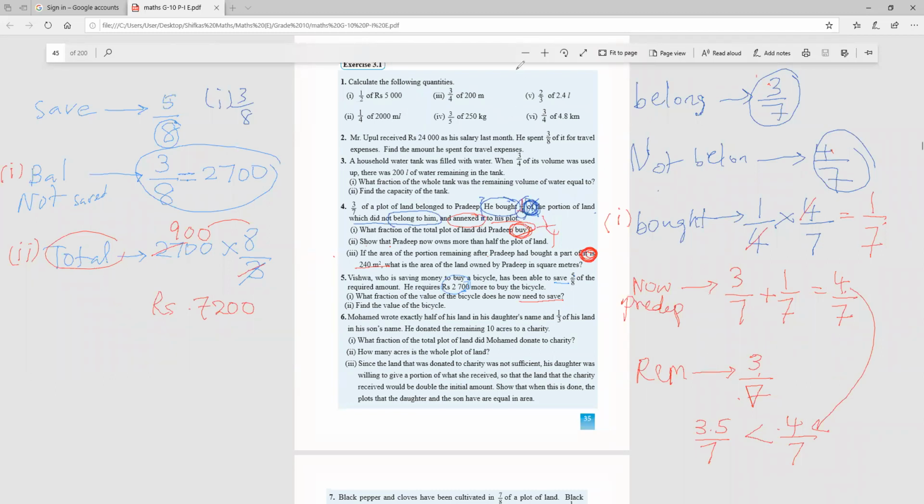This is equal to 240. Then what operation do you have to do? When a fraction equals something, you have to find the total. What will happen to the fraction? It will change to its reciprocal. 240 into 7/3. 3 eights are 24, so 80 into 7 is 560 square meters.